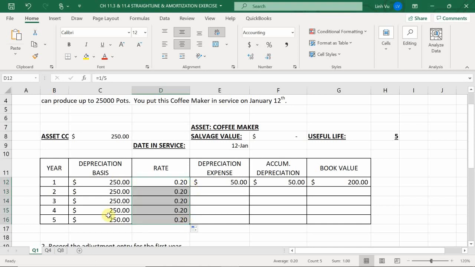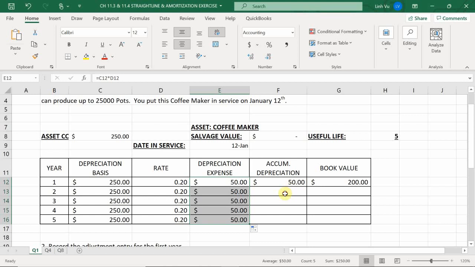Your depreciation basis is always going to remain as cost of the asset minus salvage value. Your rate is also going to stay the same as 1 over its estimated useful life. And of course, if it's consistently 250 times 20%, then your depreciation expense is also going to stay the same.